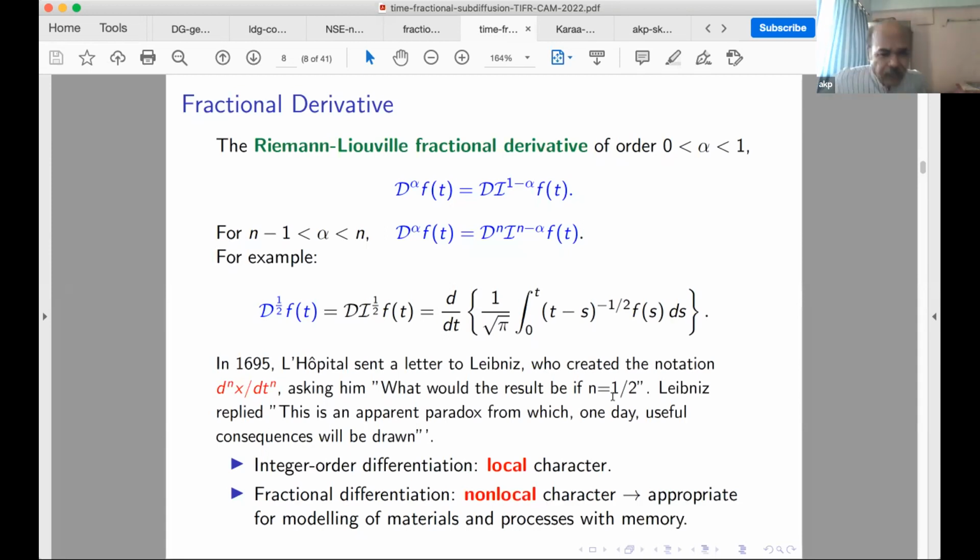Okay, so if I compare with the standard derivative, it is local in character because you are finding the derivative at certain points. So there is a neighborhood, we talked about that one and things like that. So this is local in character. But fractional differentiation is not local because this integral term comes from 0 to t. So it is non-local in character.